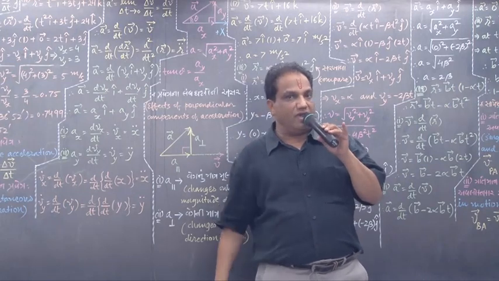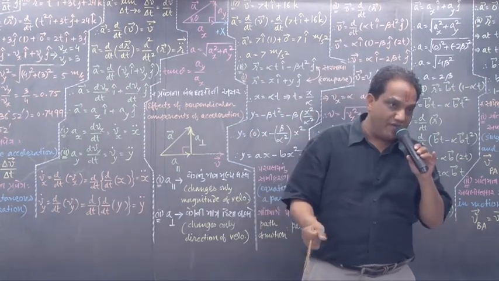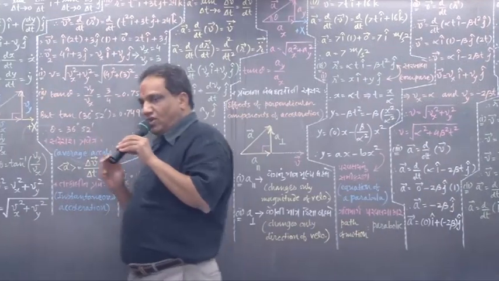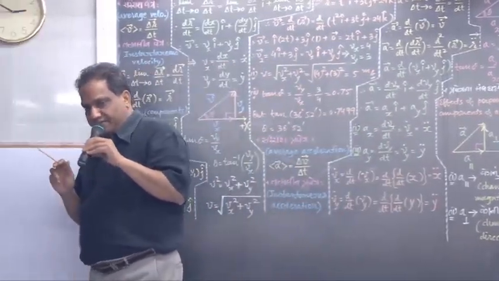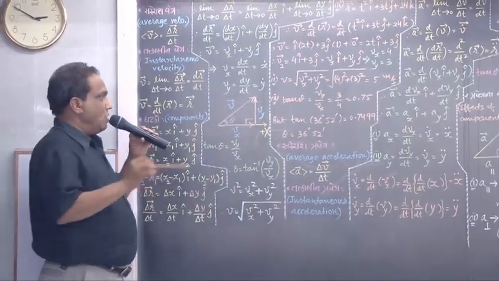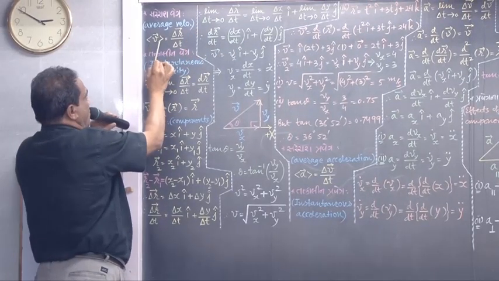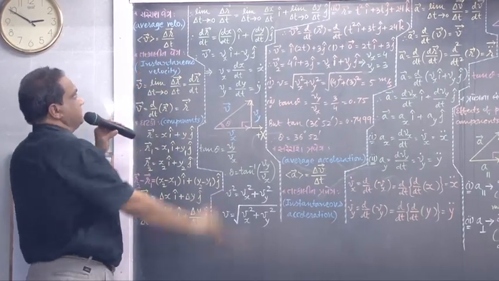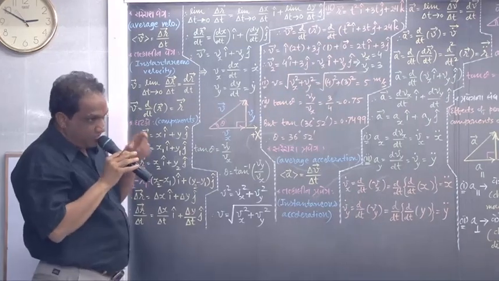And now we go for average velocity. What is called average velocity? It is to be shown by the symbol average of vector v. It is a vector quantity.